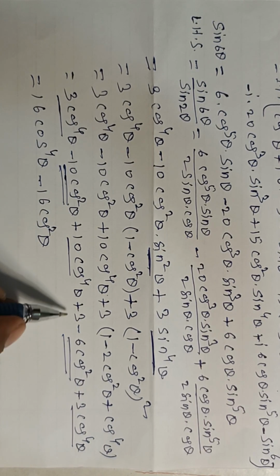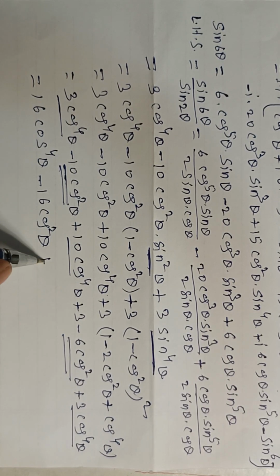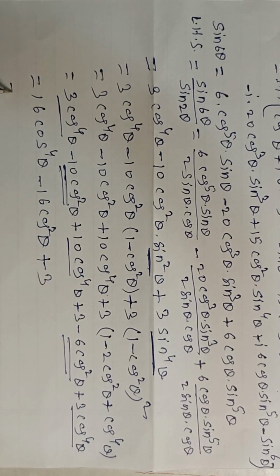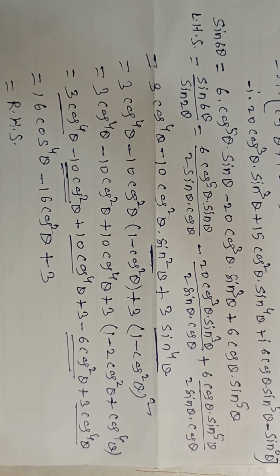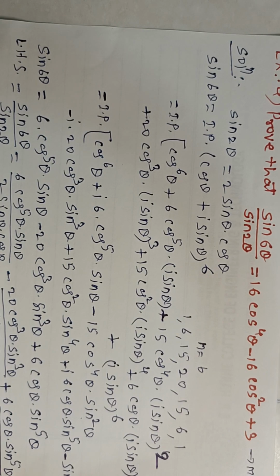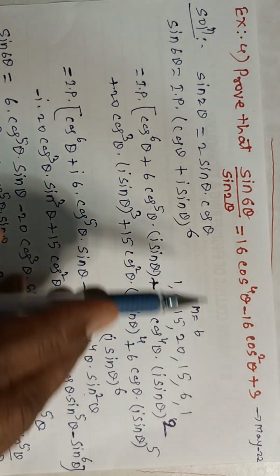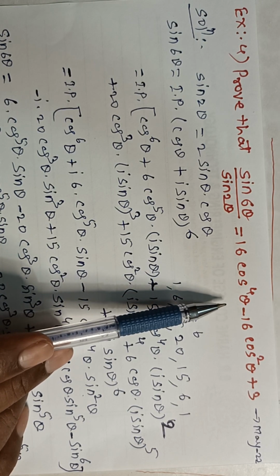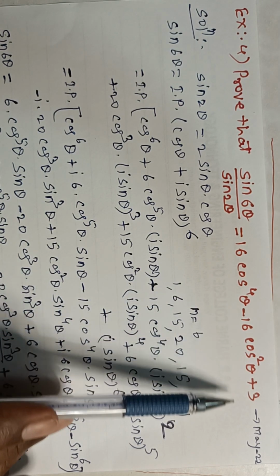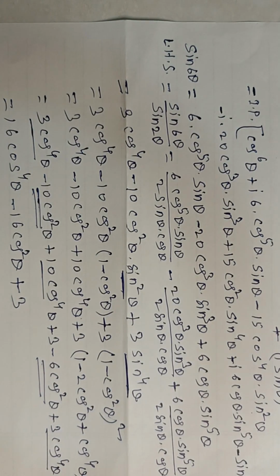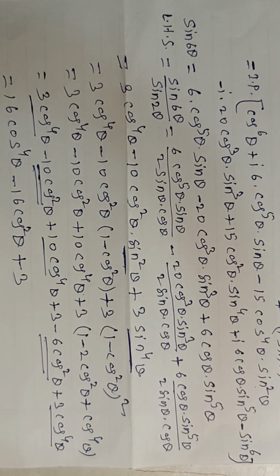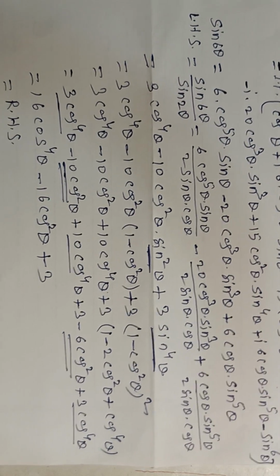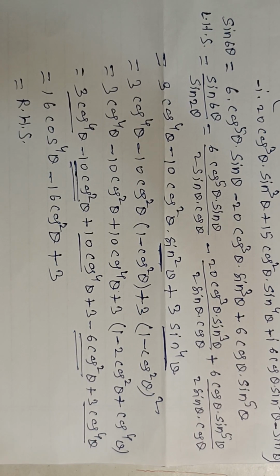Now remaining only one term, that is plus 3, and this is equal to the RHS of the statement which we are going to prove. You can check here, this is the right hand side, 16 times fourth power of cos theta minus 16 times cos square theta plus 3, which we have proved here. In this way we have solved this sum also. LHS is equal to RHS.